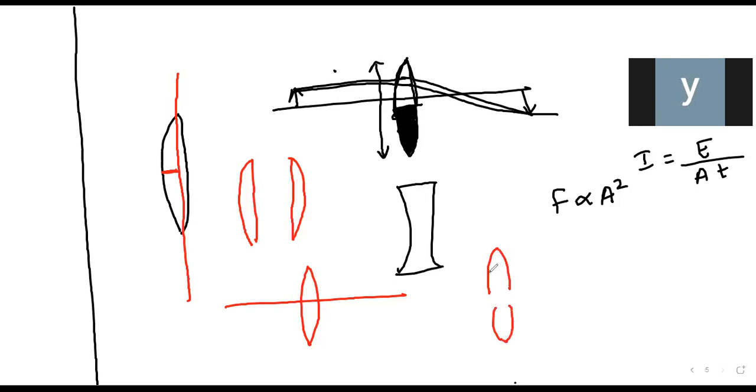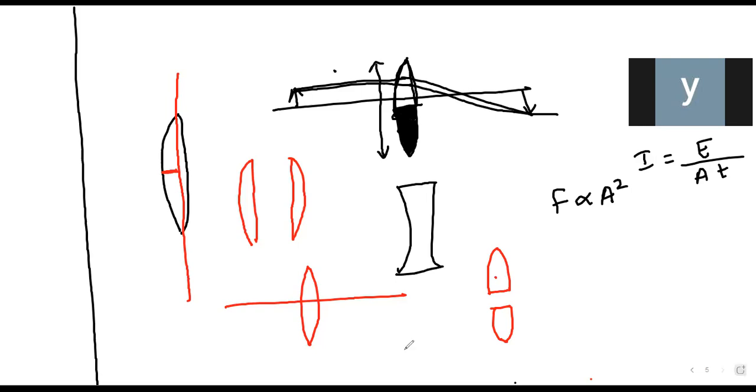Then brightness will be decreased, that is, intensity will be decreased. As intensity decreases, focal length will decrease. Or else you can see here, as area decreases, focal length decreases.